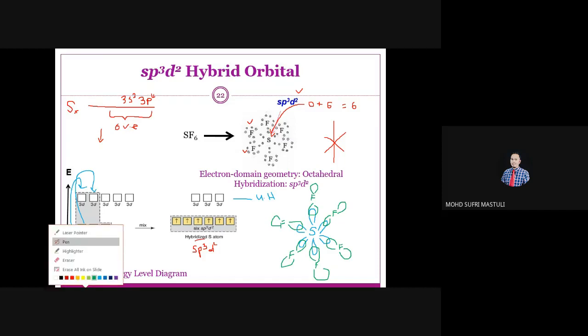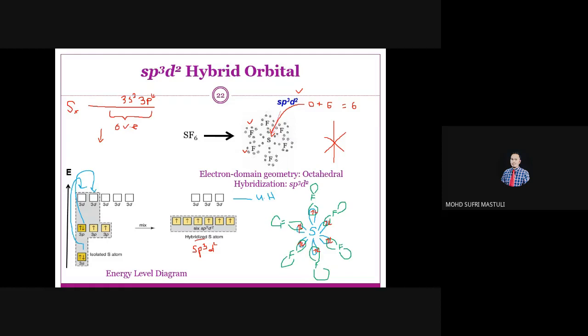So every electron domain region has spin up, spin down. You have to draw it properly. Spin up, spin down, spin up, spin down, and also spin up, spin down.